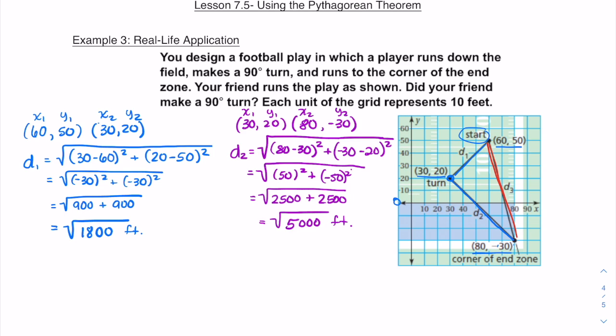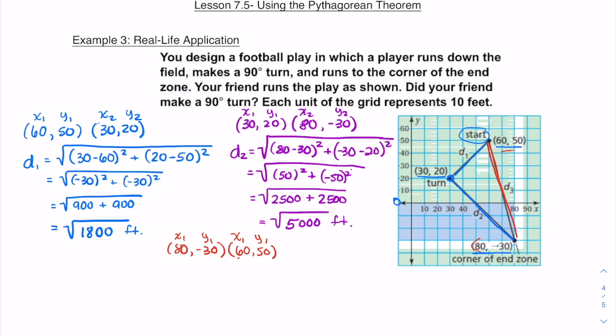Okay, so from here to here, 80 and negative 30. And my other point donde voy a terminar is 60 and 50. X1, Y1, X2, Y2.